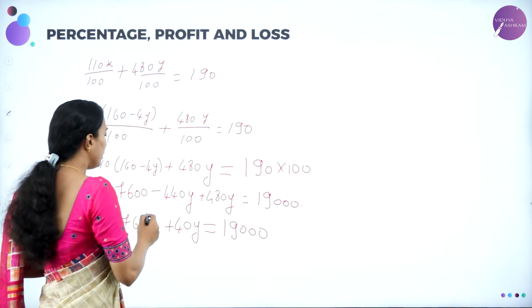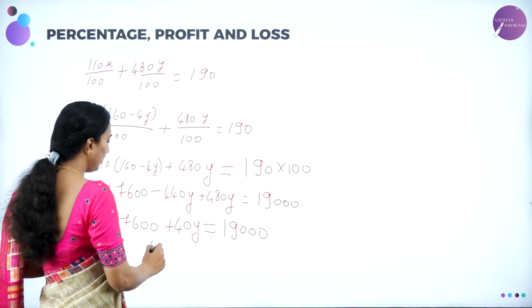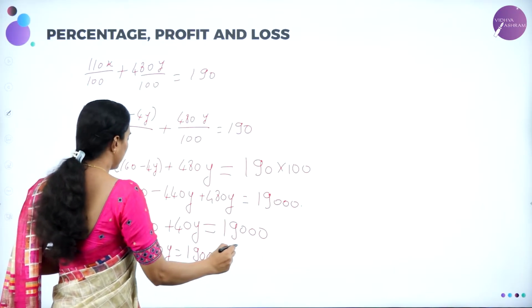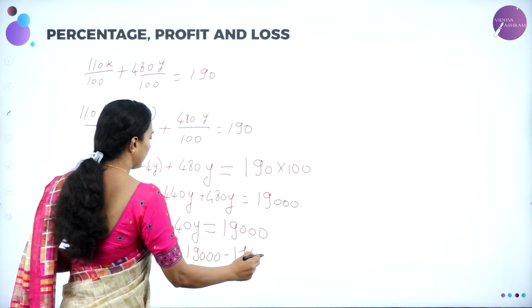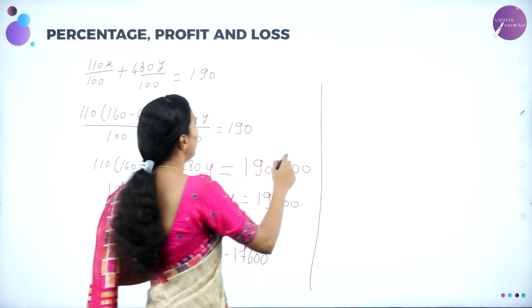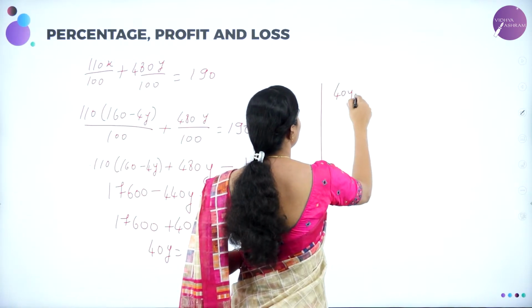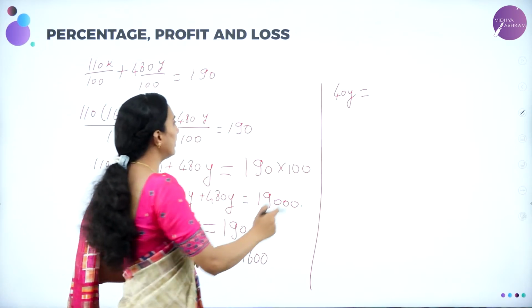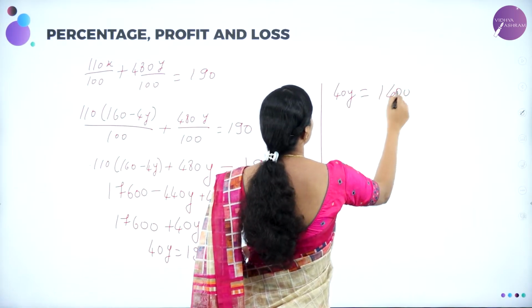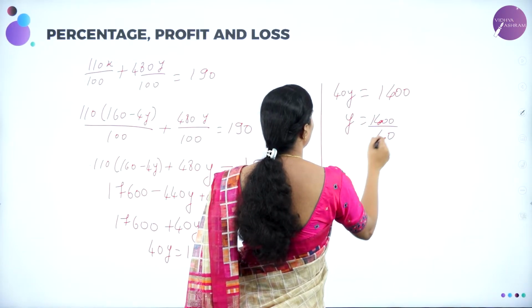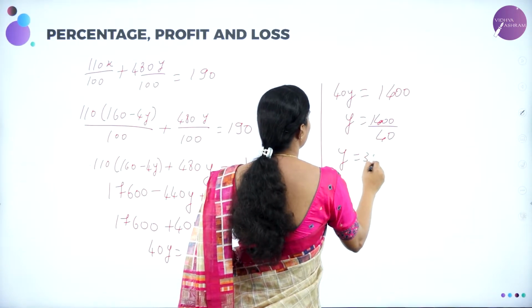So you are going to have 40y is equal to 19,000 minus 17,600, which is 1,400. So y is equal to 1,400 divided by 40, y will be equal to 35.